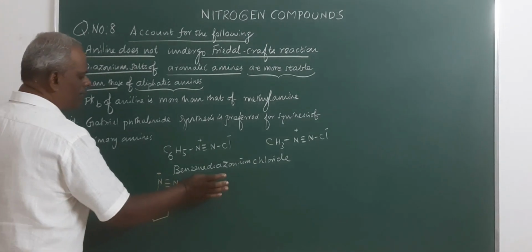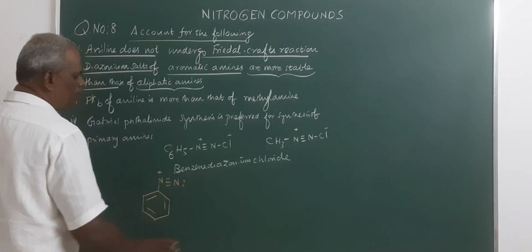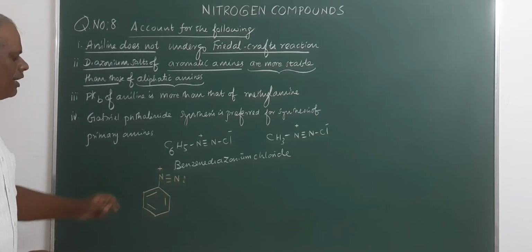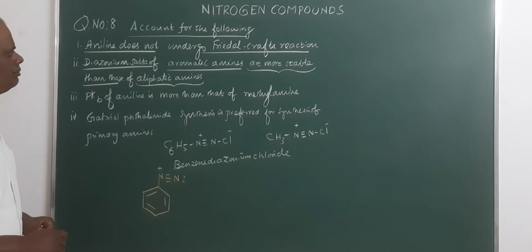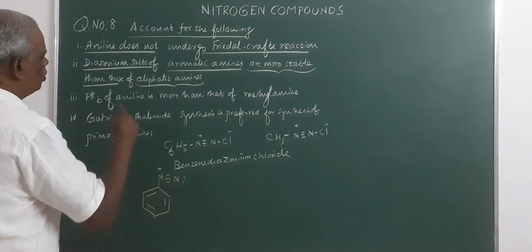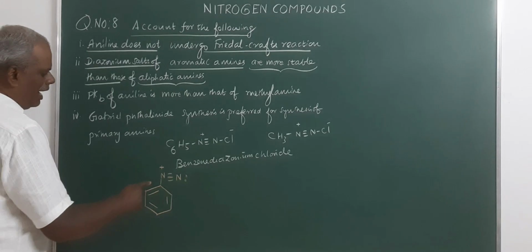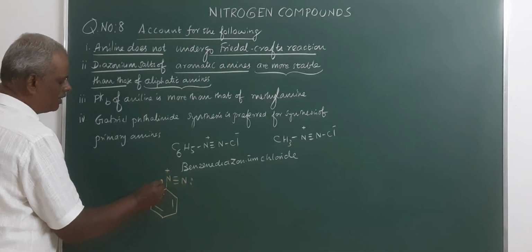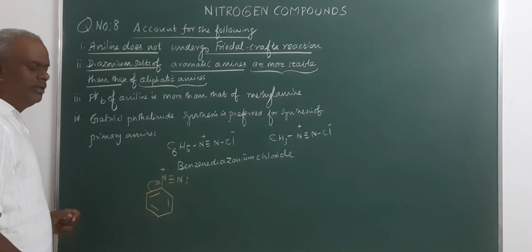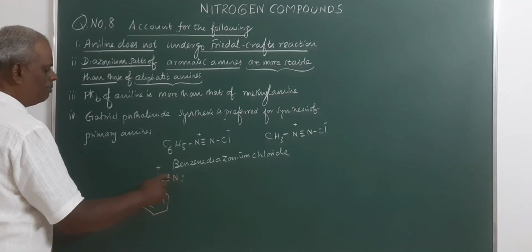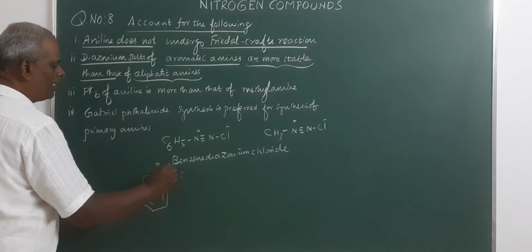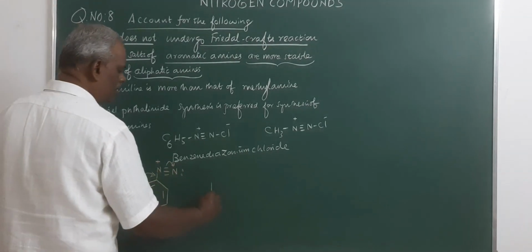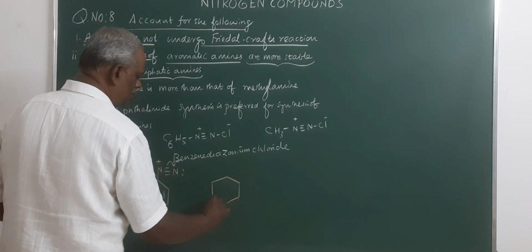So ignoring the Cl minus, this is the benzene diazonium part, the aromatic diazonium part. In the diazonium salt, as the nitrogen carries the positive charge, the pair of electrons tends to move like this, the bond between these two breaks, and the nitrogen carries minus. This will be the resonance structure.